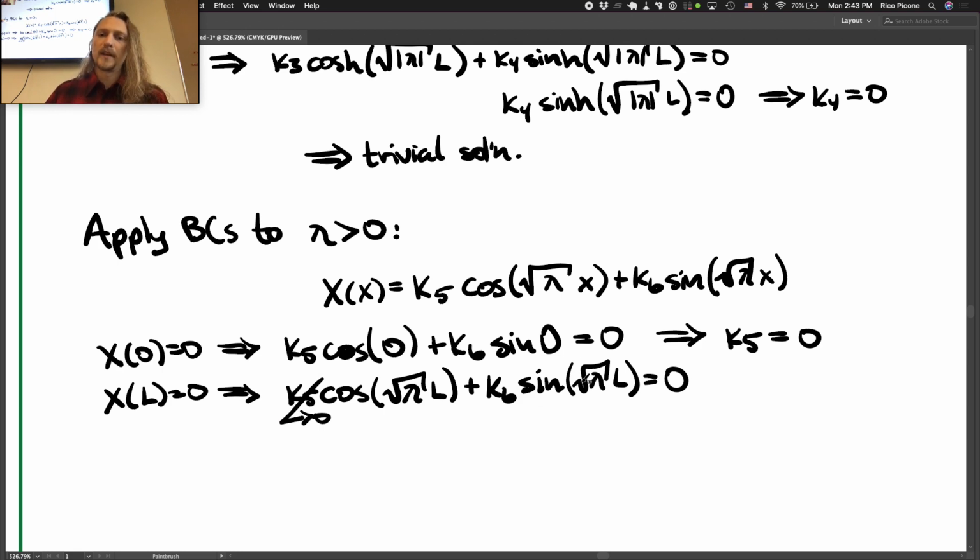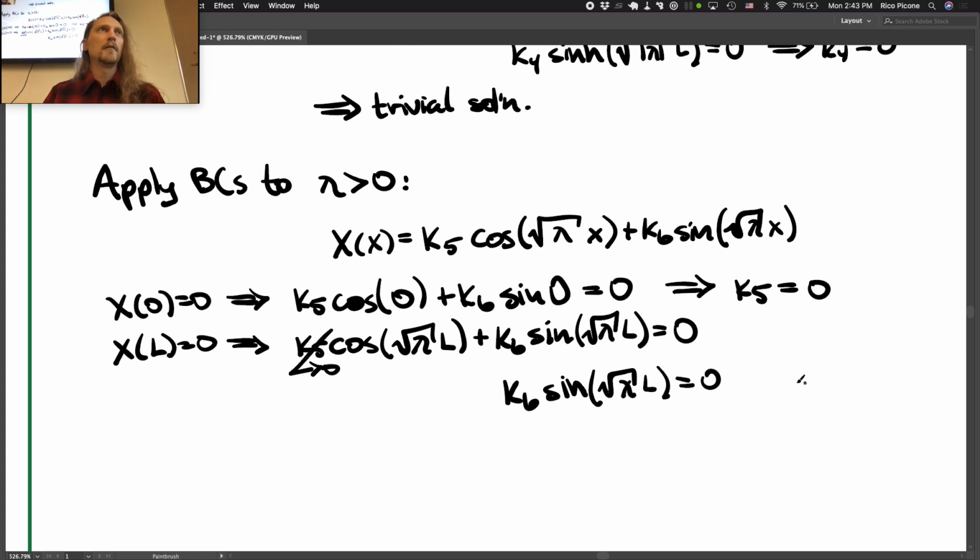But this term, sine of this value of root lambda L, can equal 0, right? So what we're left with is k6 sine square root lambda L equals 0. And we need to solve for the values of lambda for which this is true, right?